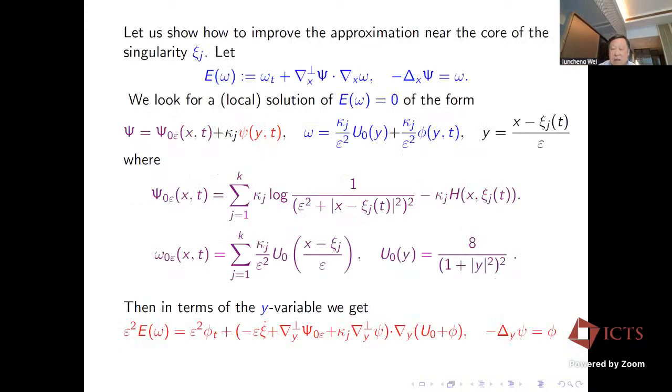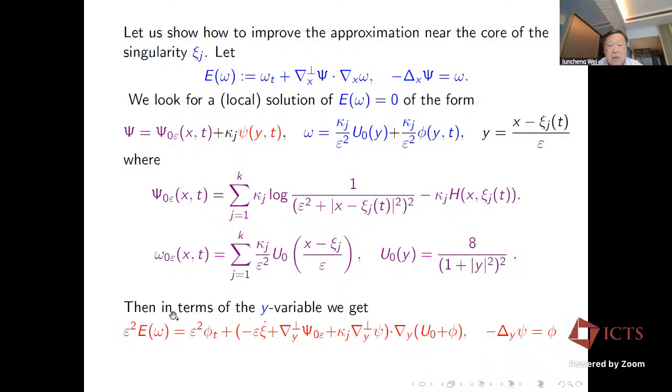Let me show you how to improve the approximate solution. This is our Euler equation, like S of u. It is non-local because it is minus Laplacian psi equals omega, and we look for an approximate solution like this: psi is psi 0 plus a correction, and omega is u0 plus phi, and psi 0 is like the indefinite case, like e to the u.